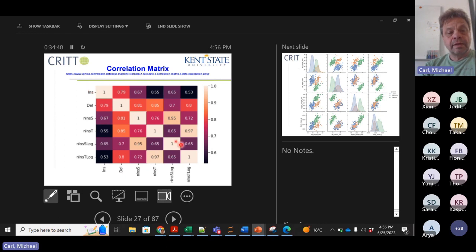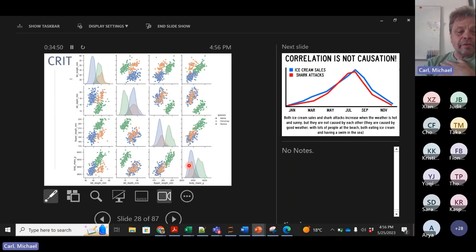So there's always a sure correlation because the same variable correlates with the same variable, of course, to 100%. And because this has no information, we can also use this middle diagonal here to show the actual distribution of these different variables.